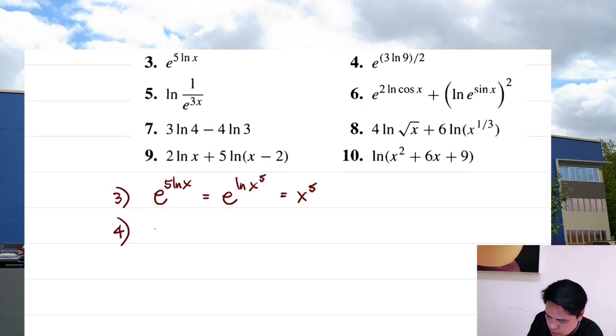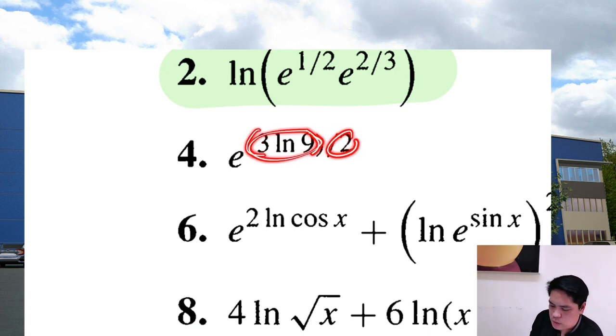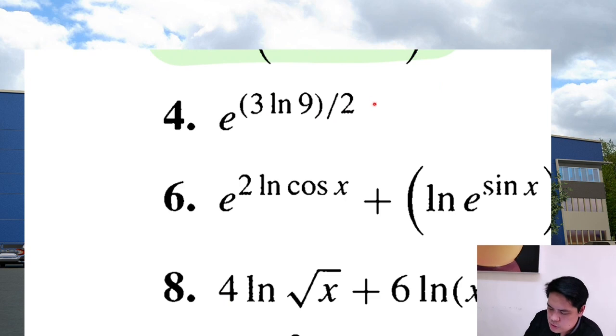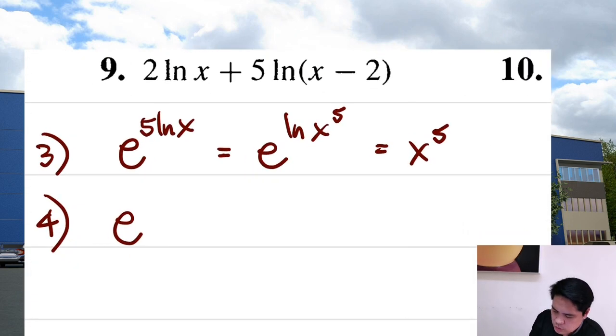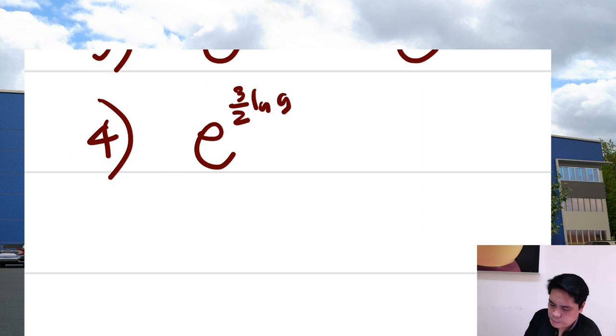For number 4, we have exponential. Here, what we divide by 2 is this whole term. Right? Because it's in parentheses, this whole term is divided by 2. So, this is the same as 1/2 times 3 ln 9, or 3 halves ln 9. So, that's what I will do here. Exponential 3 halves ln 9. That's the same. Okay?